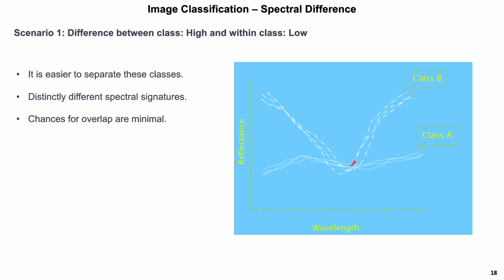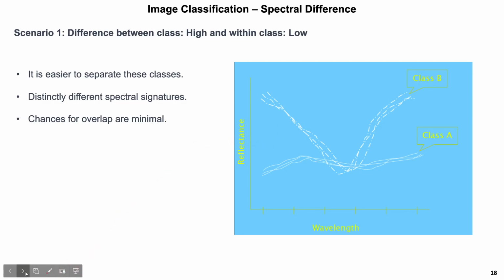You have plotted two different signatures, and the spectral difference between these two classes is very high, and you can clearly say that there are two different types of classes. The chances of overlap are very minimal because you have a sufficient number of bands where the spectral difference is very high.